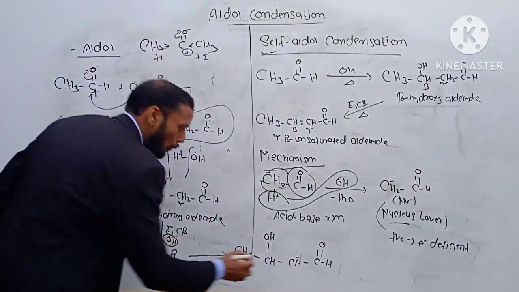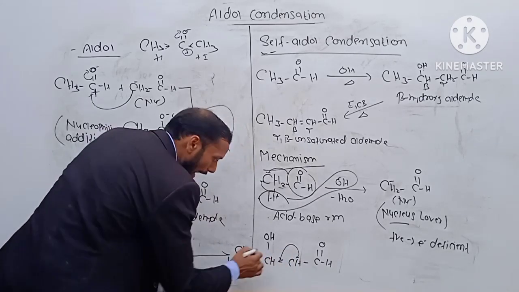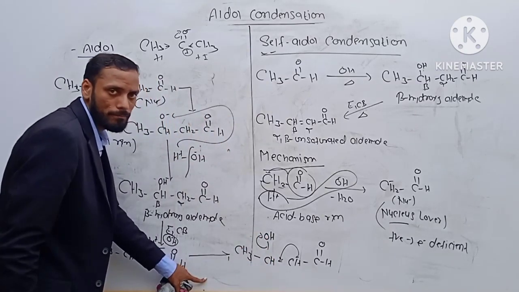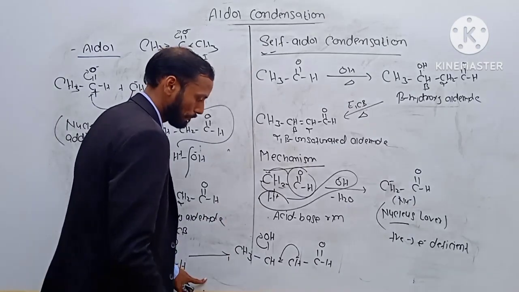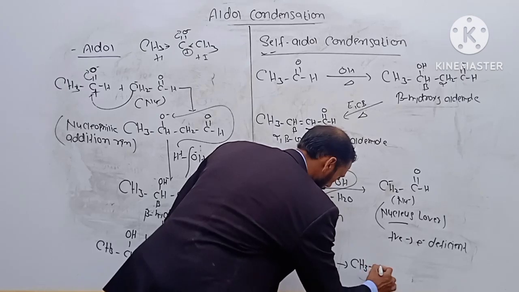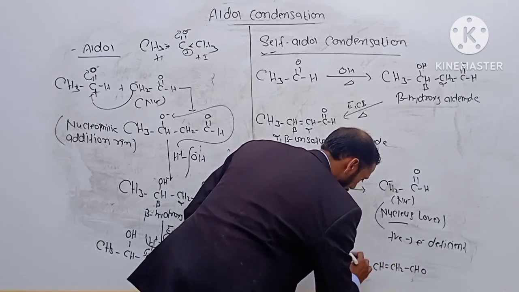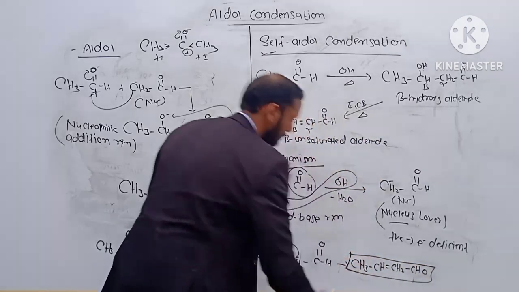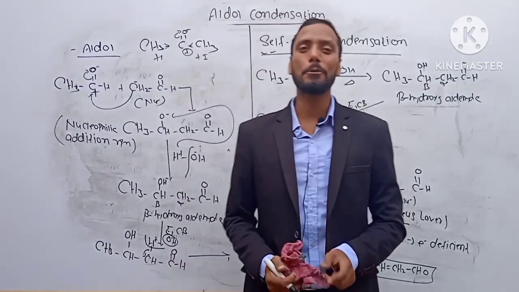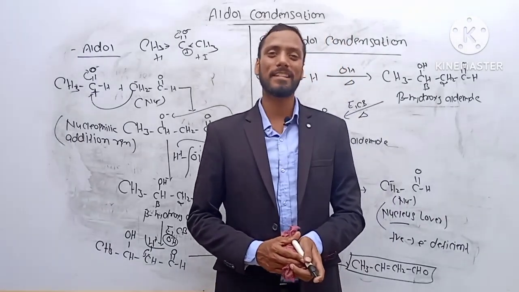So now the electron shifts here and forms a bond, and the OH takes the electrons and goes out, forming CH3CH double bond CH CHO, alpha beta unsaturated aldehyde. This reaction is known as aldol condensation. And thank you so much for being with RJ Skill, the versatile world.